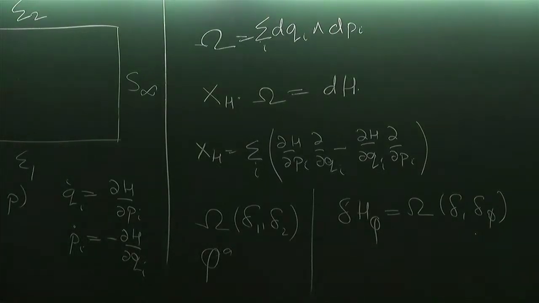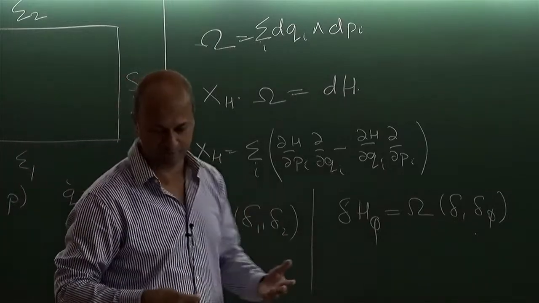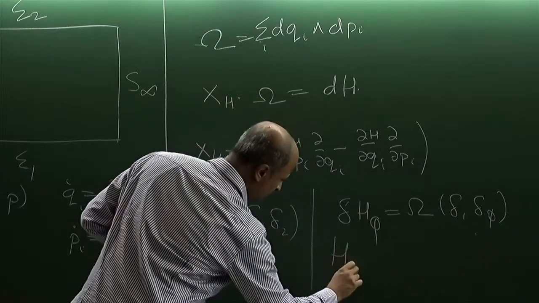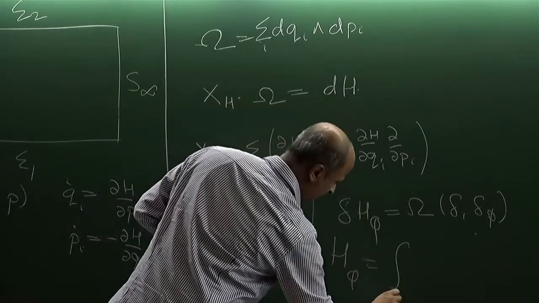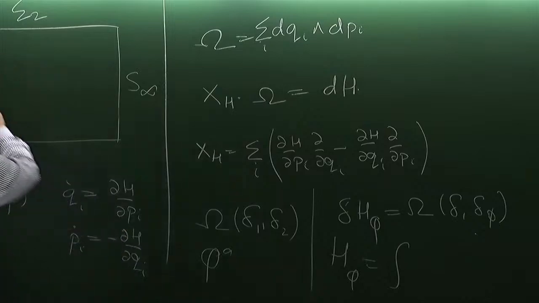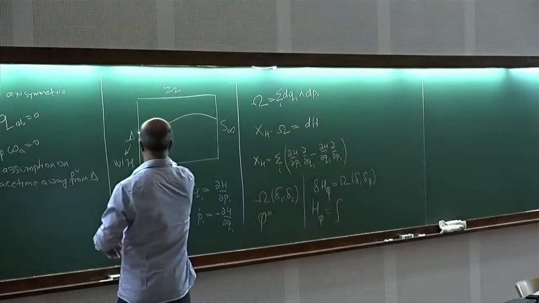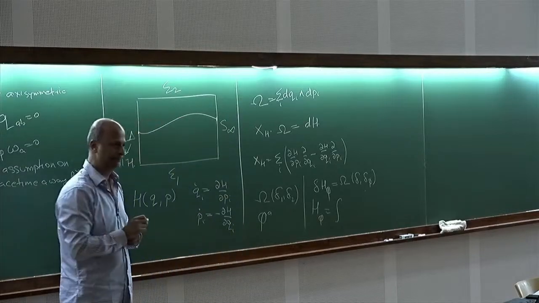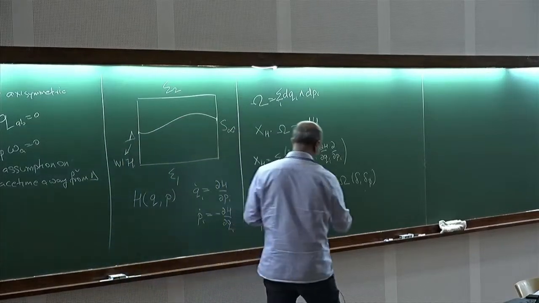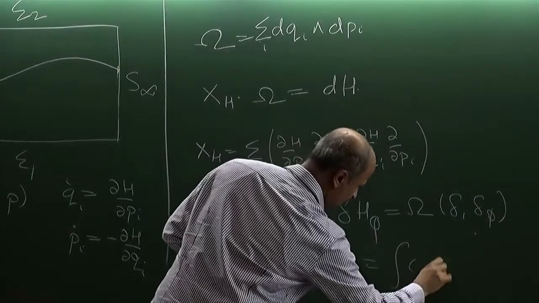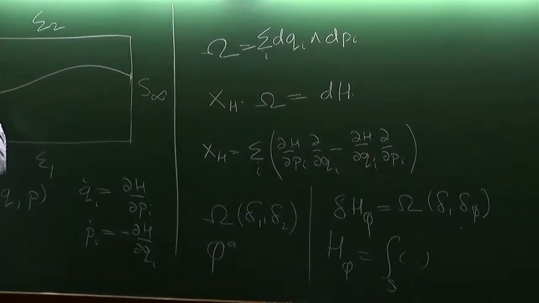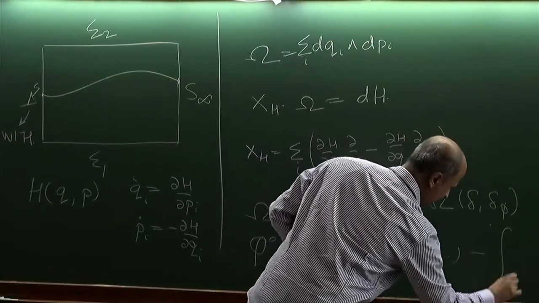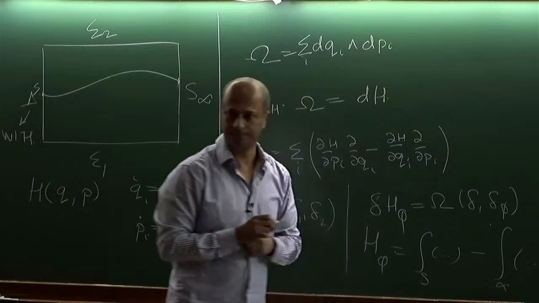And the important fact, it turns out, this is true for all diffeomorphism invariant theories, is that this Hamiltonian consists of two boundary terms. You think of a cross section here, there's a boundary term appearing here, and a boundary term appearing here. So I'll write that as some integral involving the cross section S of the horizon, minus an analogous term at infinity.